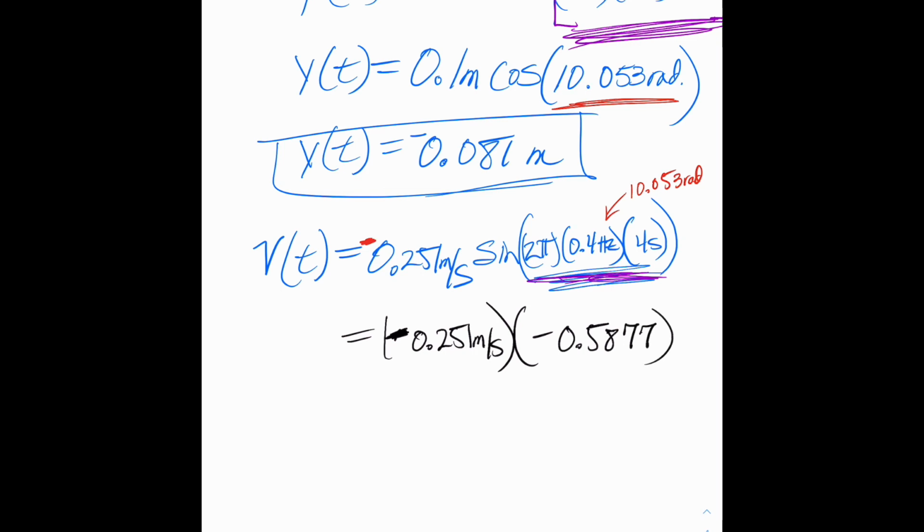There's no units on that. So what happens when we multiply those two? We should be getting a positive 0.148 meters per second.